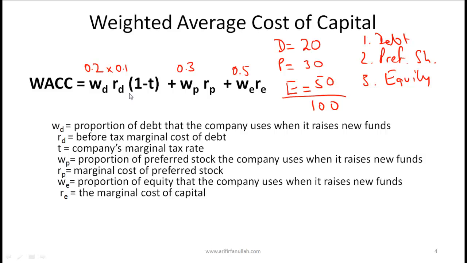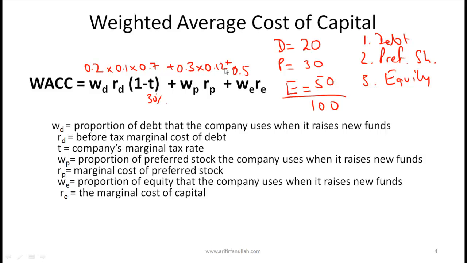And then since the interest paid to debt holders is tax deductible, that effectively reduces the cost of debt, and hence we multiply by 1 minus the tax rate. So let's say that the tax rate is 30%, then you do 1 minus 30%, which is 1 minus 0.3, which is 0.7. Let's say that the cost of preferred shares is 12%, so that is 0.12.